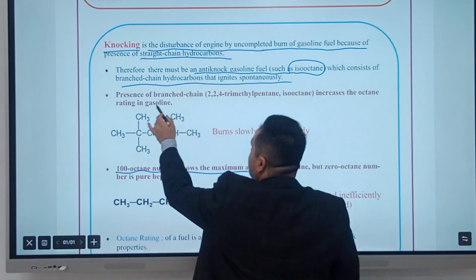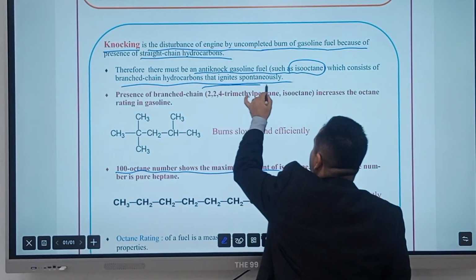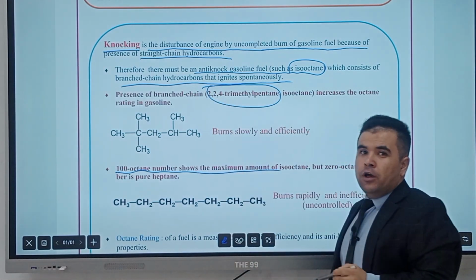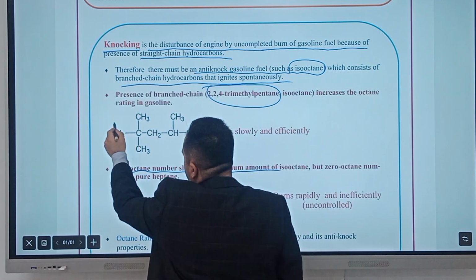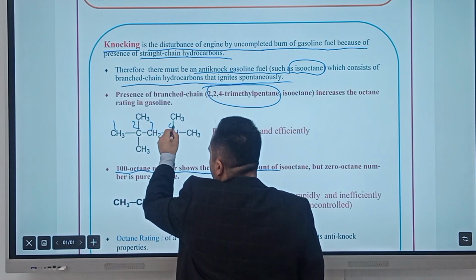There will not be knocking in the engine of the gasoline fuels. So the isooctane, which has the name 2,2,4-trimethylpentane. Here we have 1, 2, 3, 4, 5.